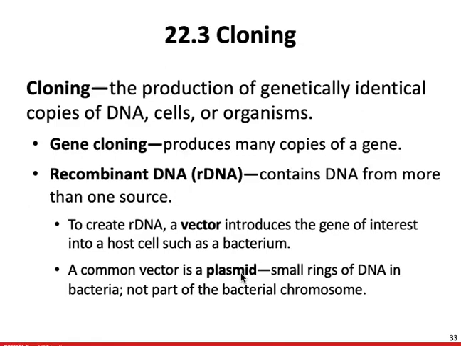Since bacteria are already picking up and sharing plasmids, and are used to picking up DNA, we're going to use them as our hosts to pick up plasmids that we have created, artificial plasmids, small rings of DNA in a bacteria that aren't part of the bacterial chromosome.